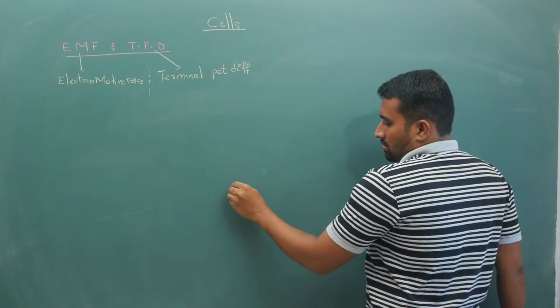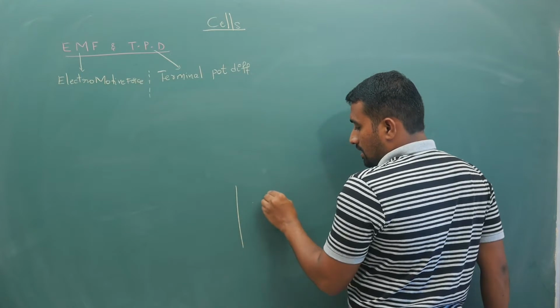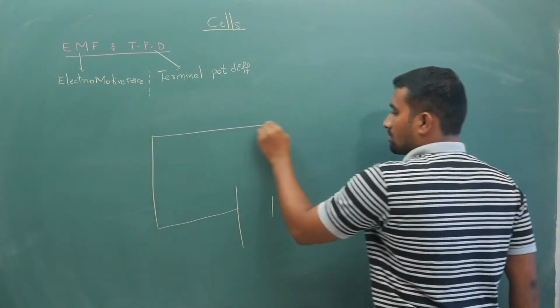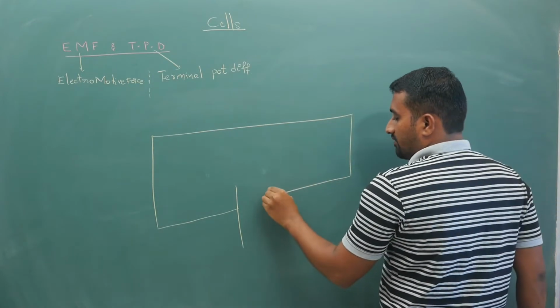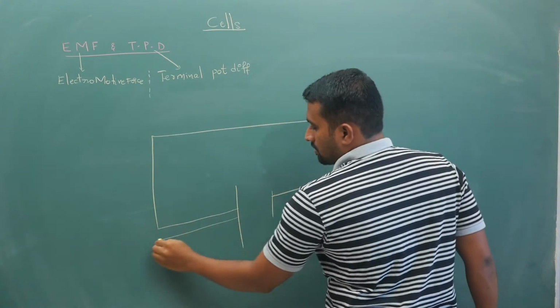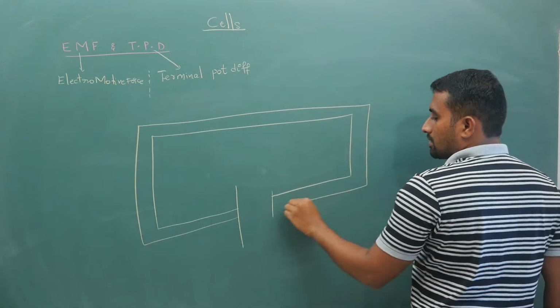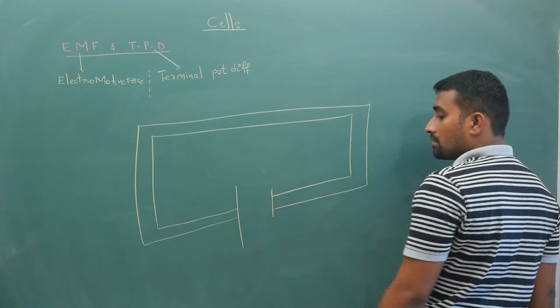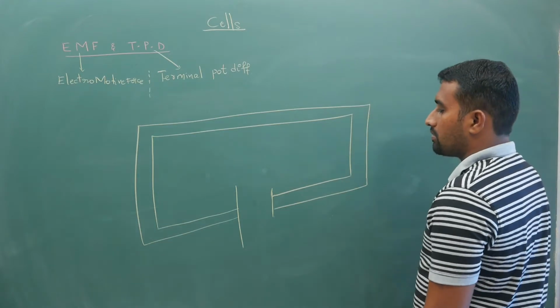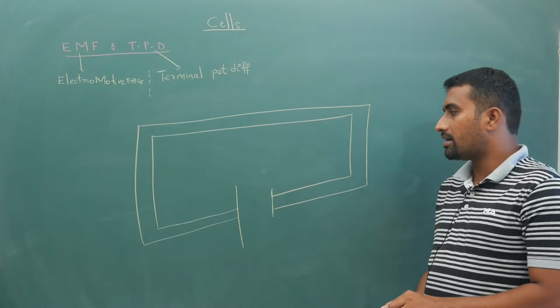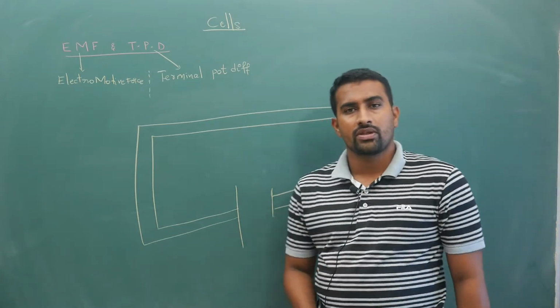Now let us say this is a cell, or a battery, like this. This is the inside of the battery, and this is the outside of the battery.